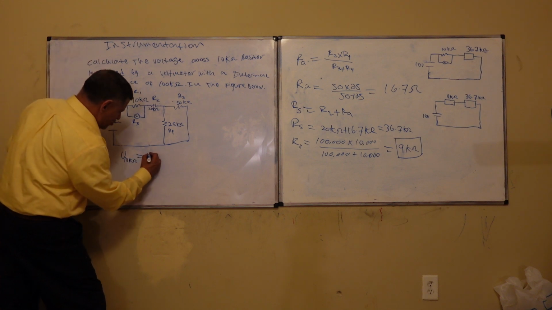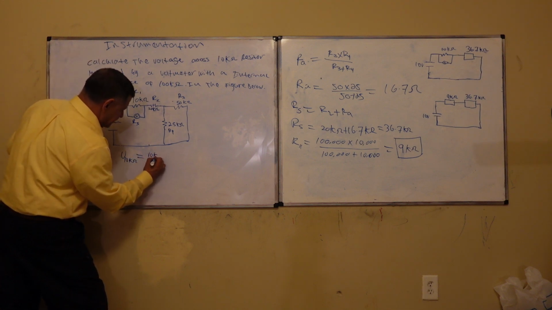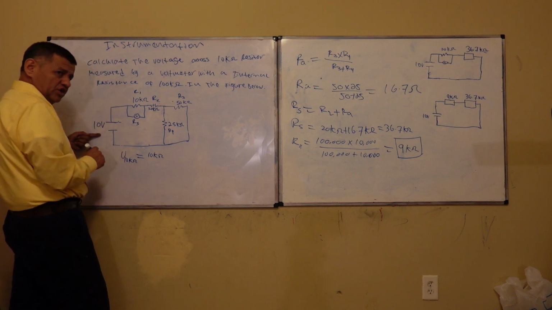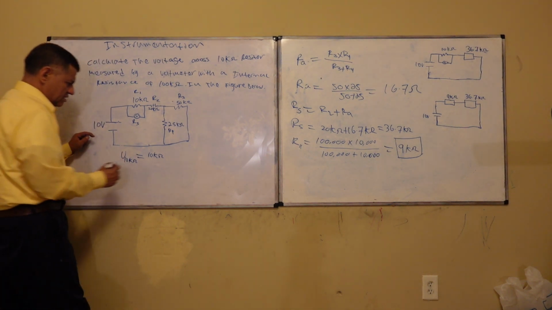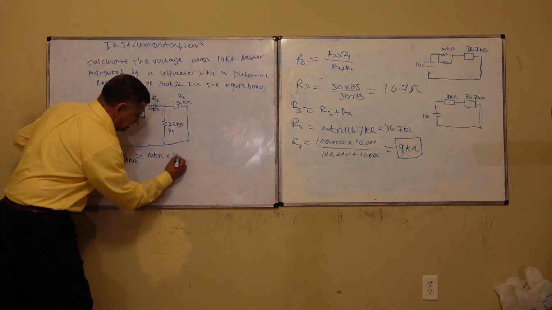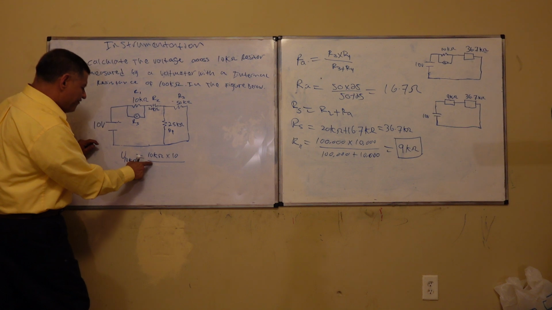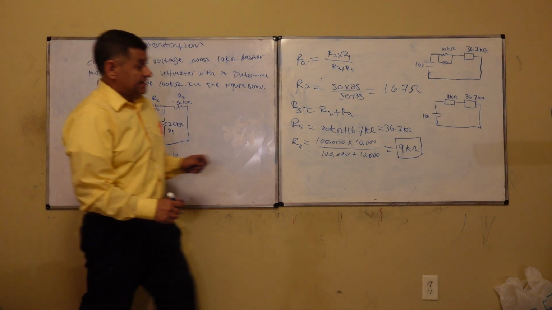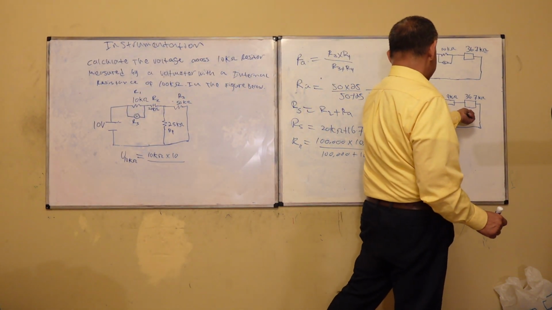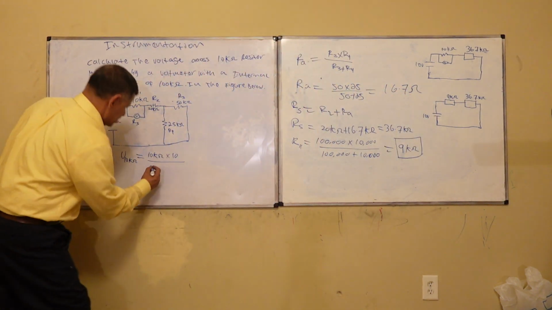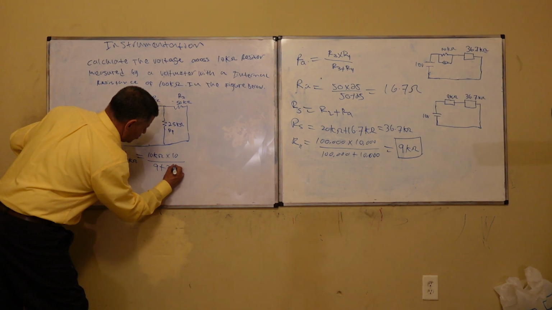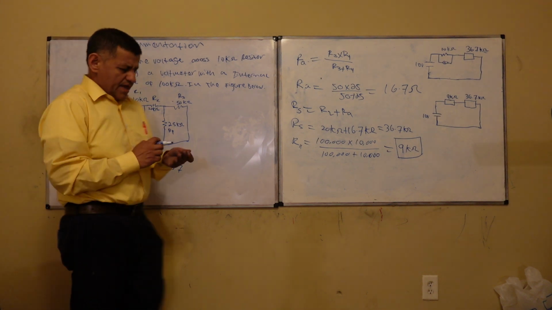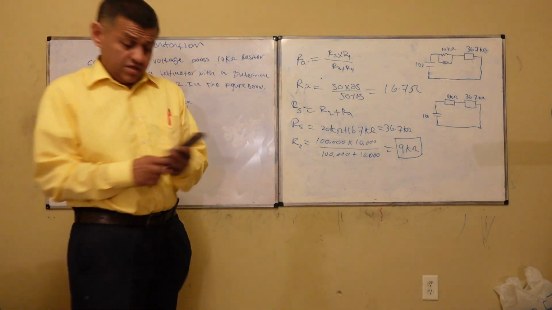It's equal to 10K times the voltage given by the source right here, so times 10 volts, divided by the total resistance, which is this plus this, so 9 plus 36.7.